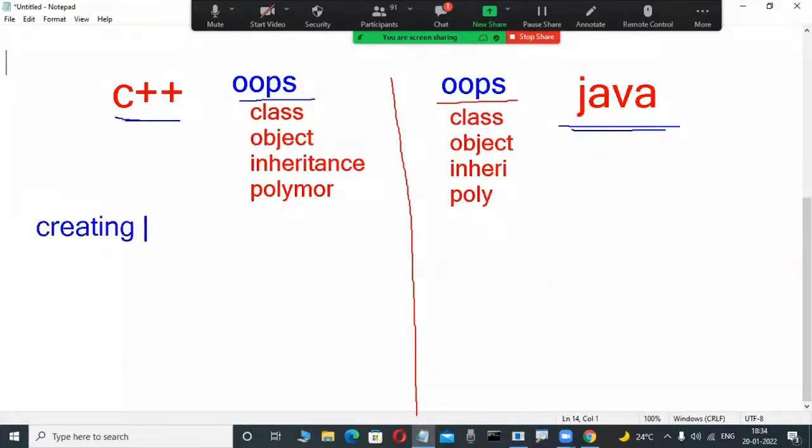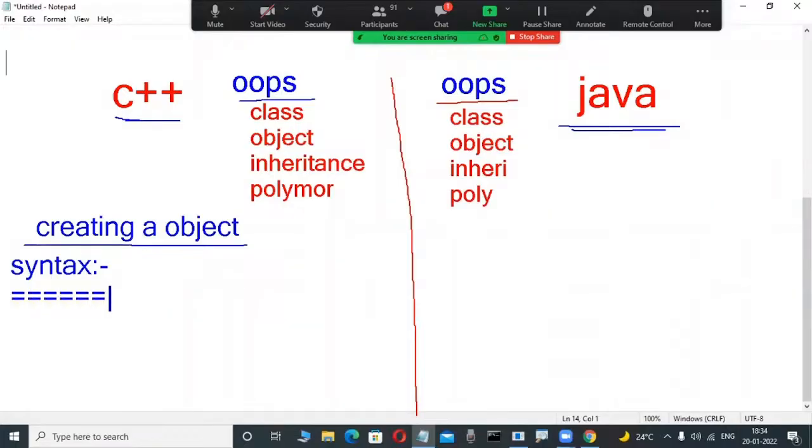Creating an object from the class, what is the syntax in C++? Observe here, slowly. Here is the only difference. Class name, space, object name. This is the syntax to create an object from the class in C++.